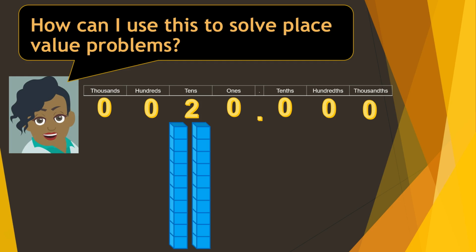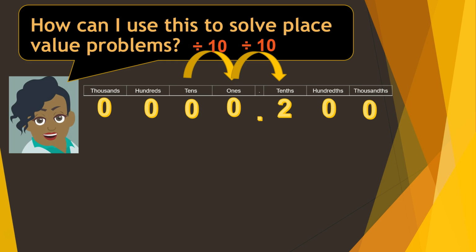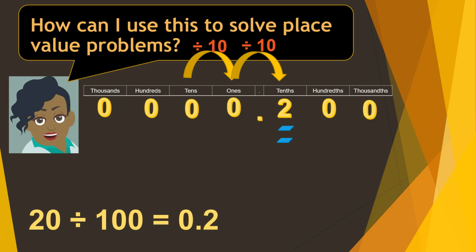What if the 2 moves 2 places to the right? When we move the digit 2 places right, it will have 1/10 and 1/10, or 1/100th the value. The value is divided by 100. That means that my representation will be 1/100th of the original size, and I can represent the move with 20 divided by 100 is equal to 2/10.